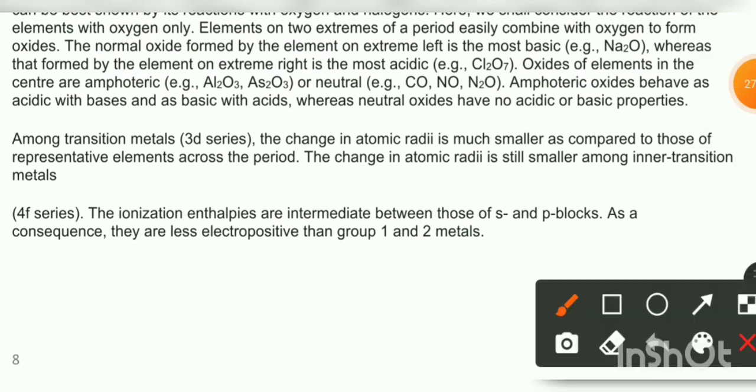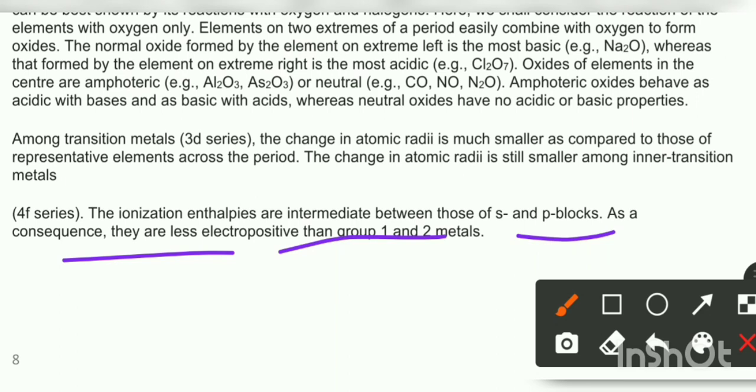Next, the f block elements. The ionization enthalpies are intermediate between the s and p block elements. As a consequence, they are less electropositive than the group 1 and group 2 elements. So 4f series are more electropositive. These are the chemical properties or chemical trends along the period.